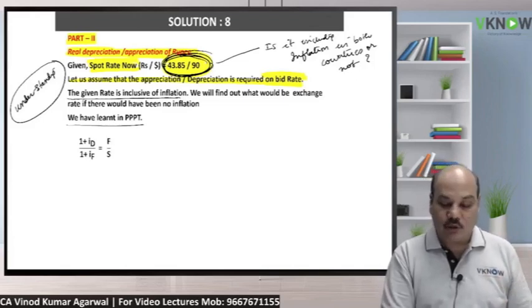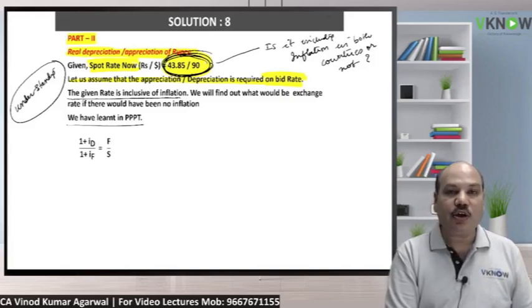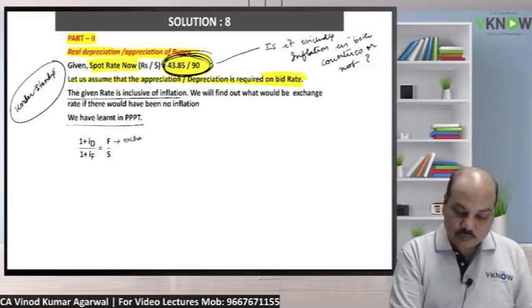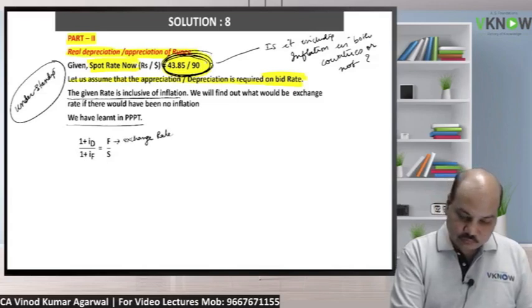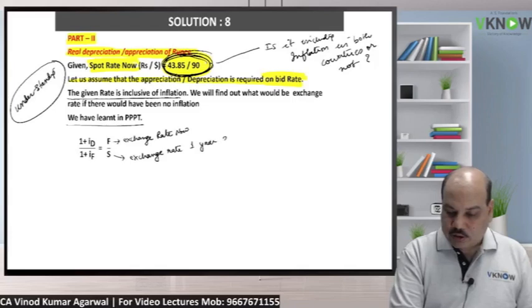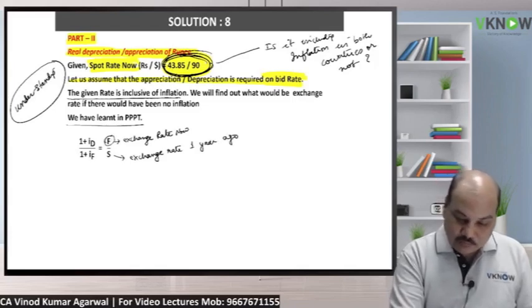What is the formula you have learned? 1 plus inflation in domestic country upon 1 plus inflation in foreign country equals F by S. F means exchange rate now and S means exchange rate 1 year ago. We are given these two numbers.